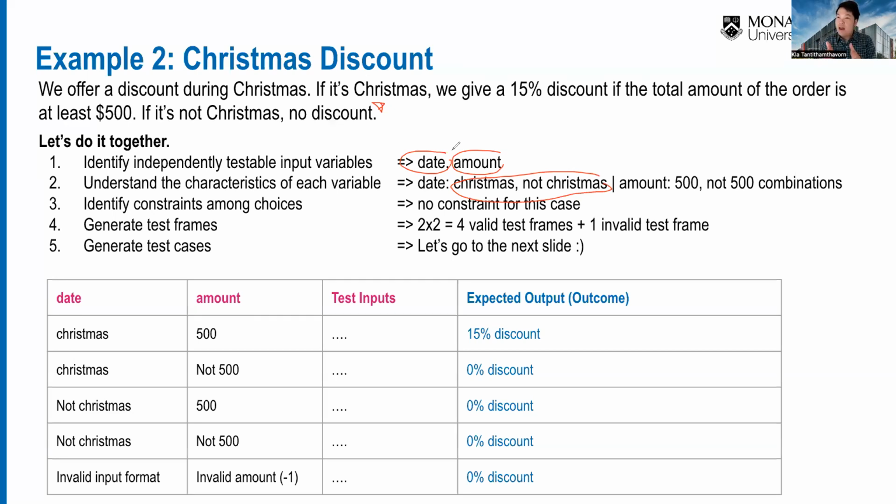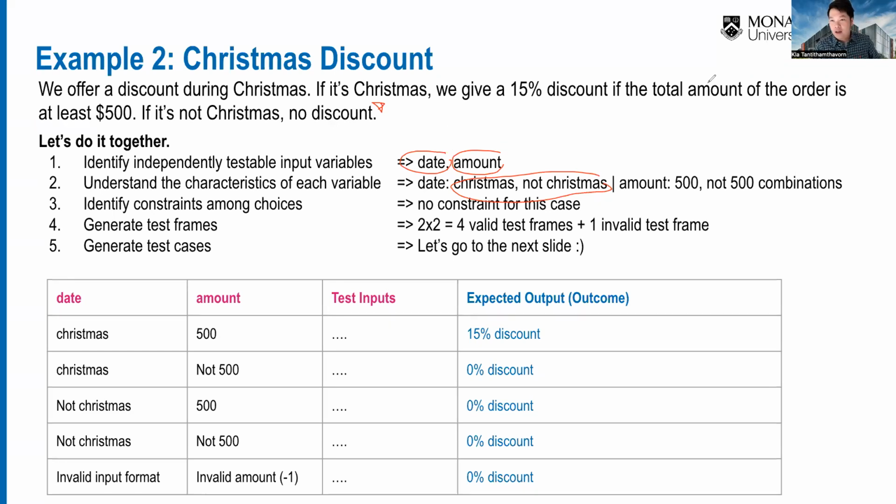Then the choices will be Christmas, Mother Day, Father Day, and none of these. So we'll get four choices. Do you know what I mean? We just partition into the smallest number, we don't need to partition into a large number, too many choices.